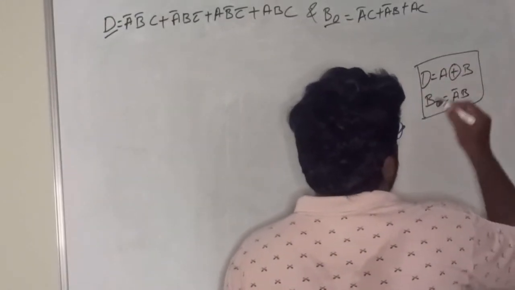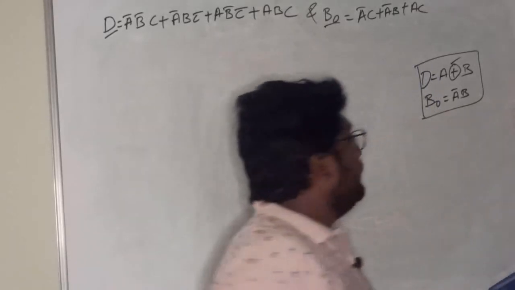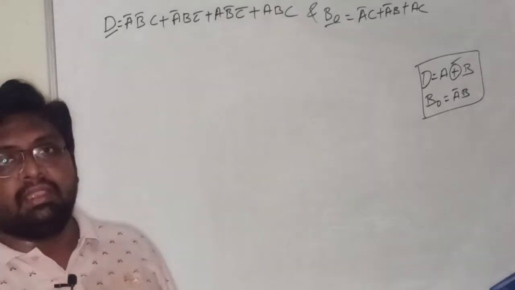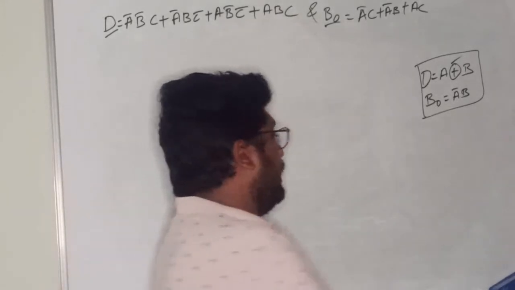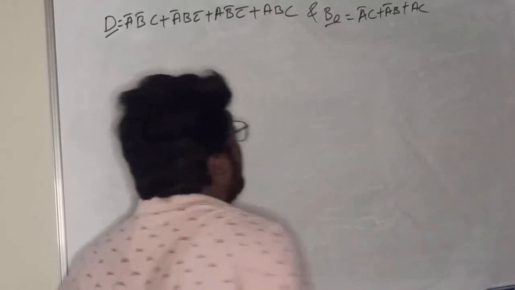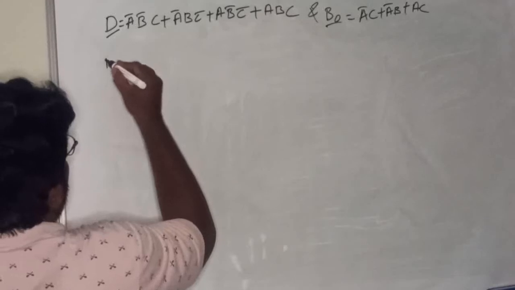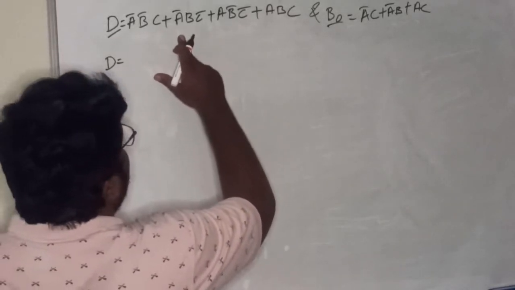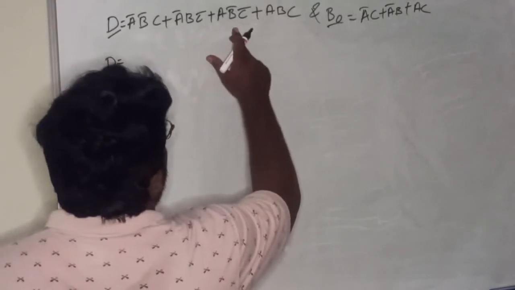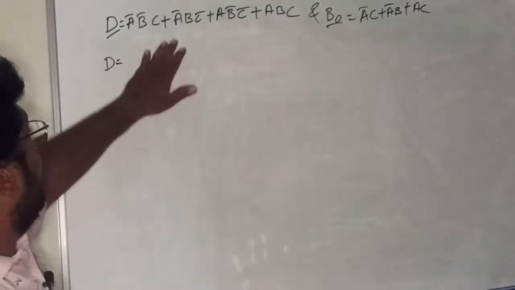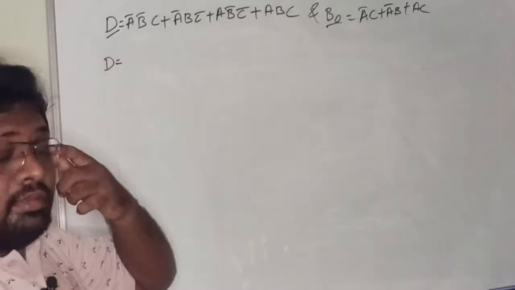So a half subtractor consists of an XOR gate, right? Now I need to represent both this D and B in the form of XOR. So I am going to simplify both these representations, right? For D, I have A complement B complement C plus A complement B C complement plus A B complement C complement plus A B C. I am rearranging the terms, right?